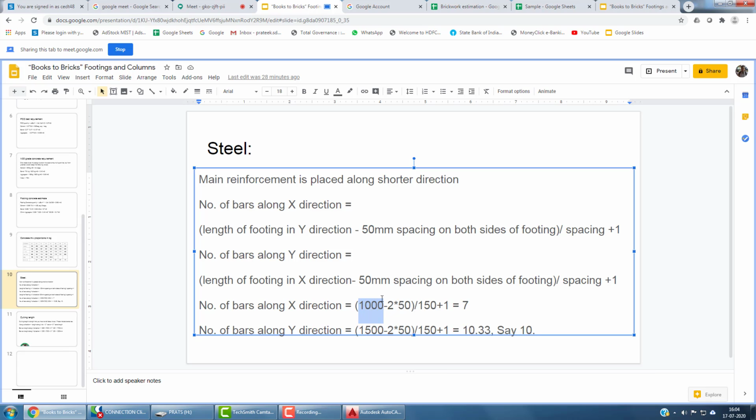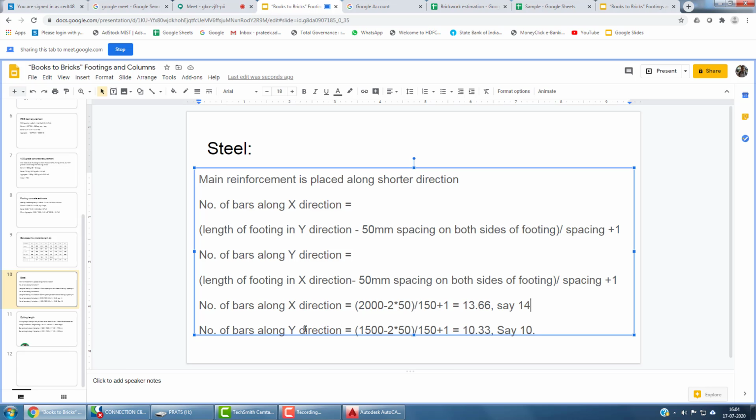It is 2 meters, or in terms of mm I will write 2000. So 2000 minus 100 is 1900. 1900 divided by 150 plus 1 gives me 13.66. Since it is greater than 0.5, I will say 14. Is it clear? Since you have solved now, you will understand better. That is why I wanted all of you to solve.